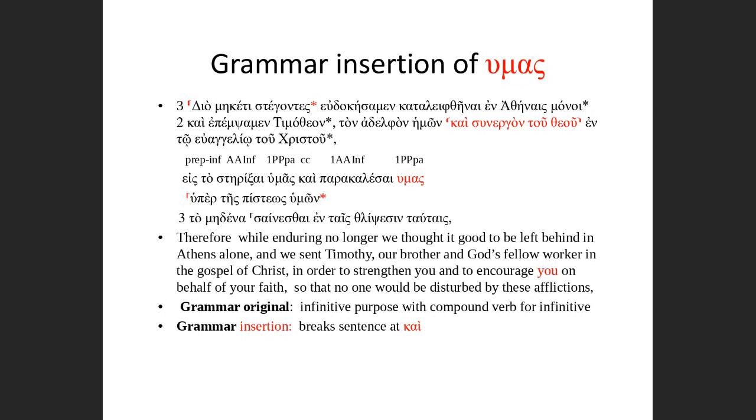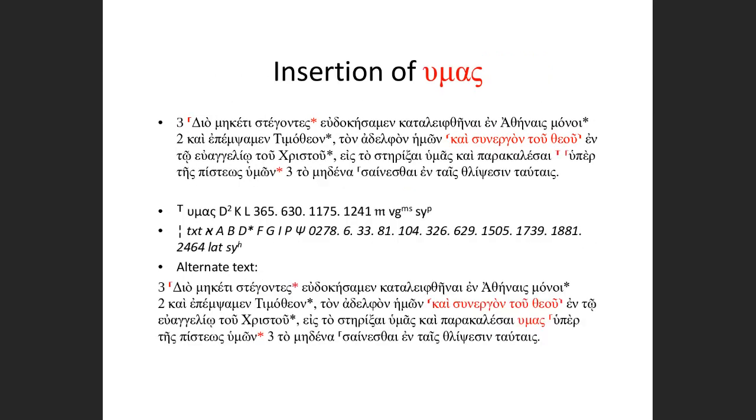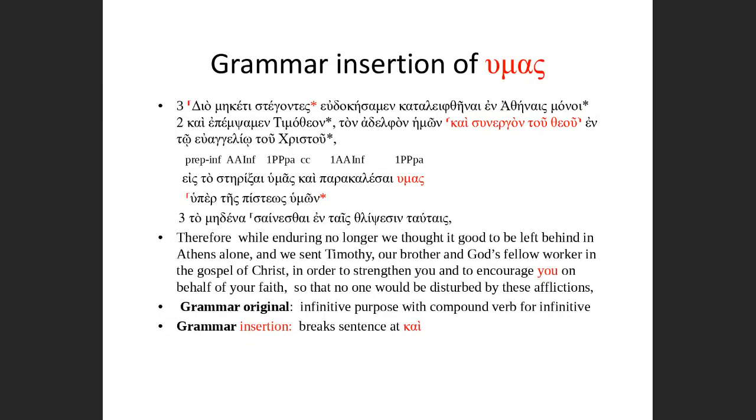Well, the first ymás would be also implied. The grammar insertion breaks the sentence. Let me go back to the grammar insertion. It breaks the sentence and doesn't really strengthen the purpose, because when you put in that extra ymás, it really tends to pull the infinitive away.